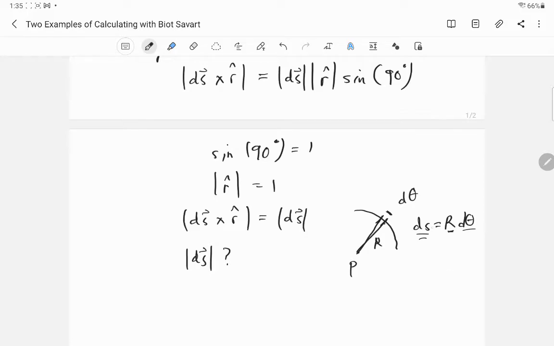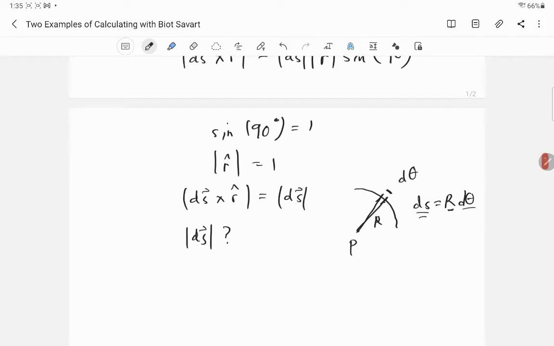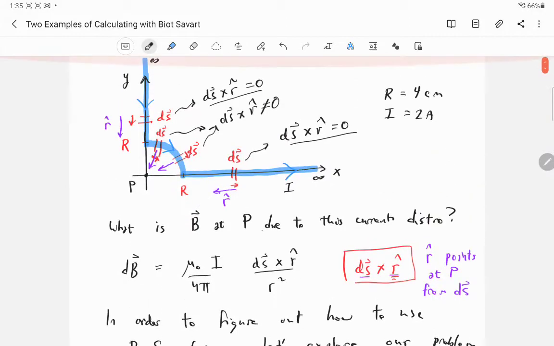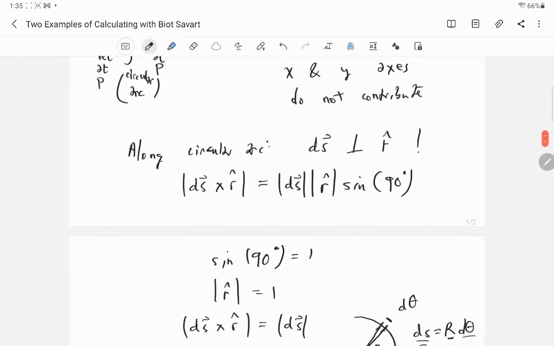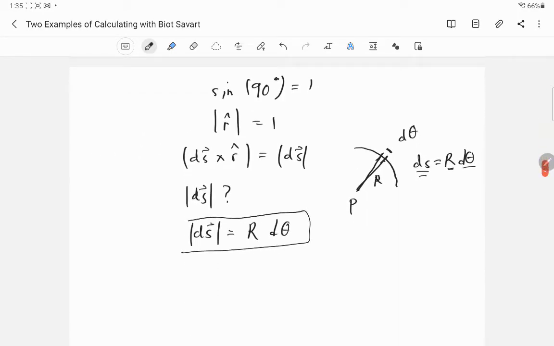This is a basic statement about the relationship between the circumference and the radius. It's essentially the definition of the radian. So the length of ds is a vector whose magnitude is equal to r times the amount of angle swept out as you go from the beginning to the end of any of the ds arc lengths. All right. So now I understand the magnitude of ds.